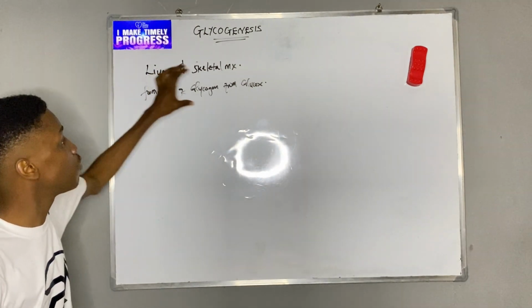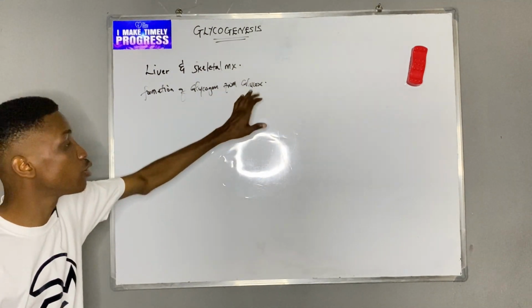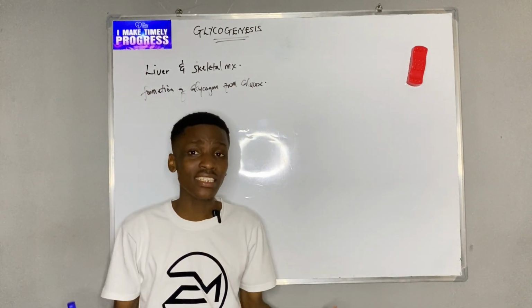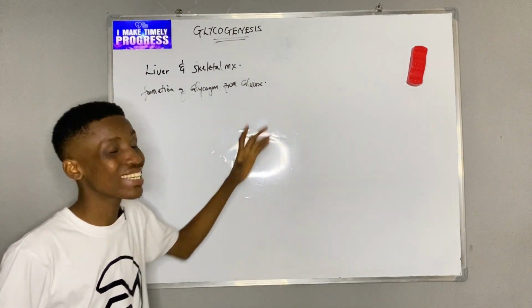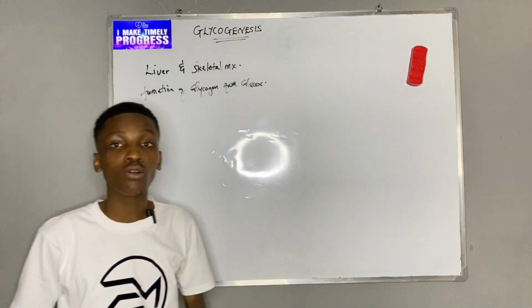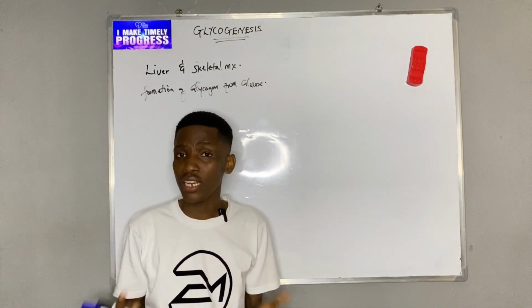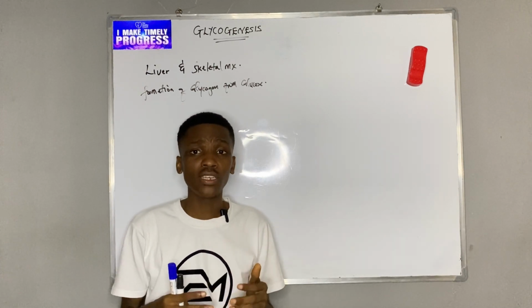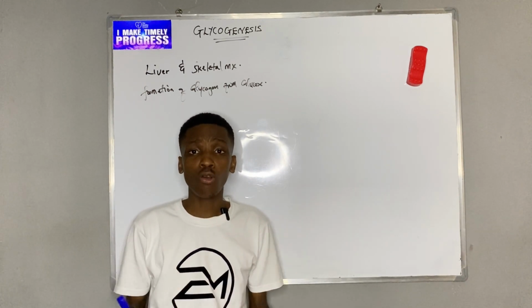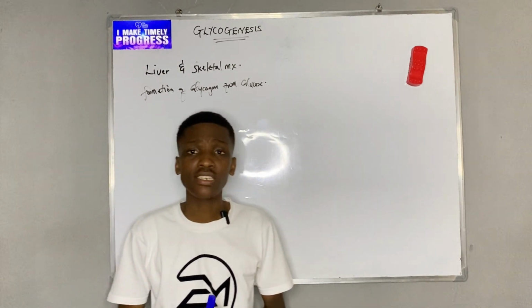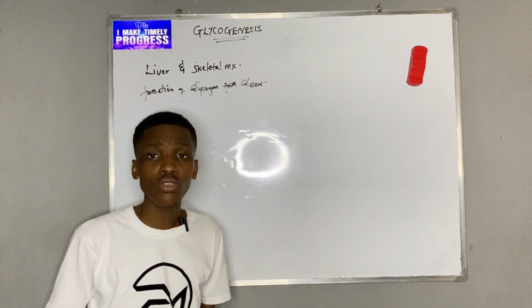Now, for this generation of glycogen from glucose, the key enzyme that is very important in this pathway is called glycogen synthase. From the name synthase, if you've been exposed to classes of enzymes, you'll be taught of a particular class of enzymes we call synthase.